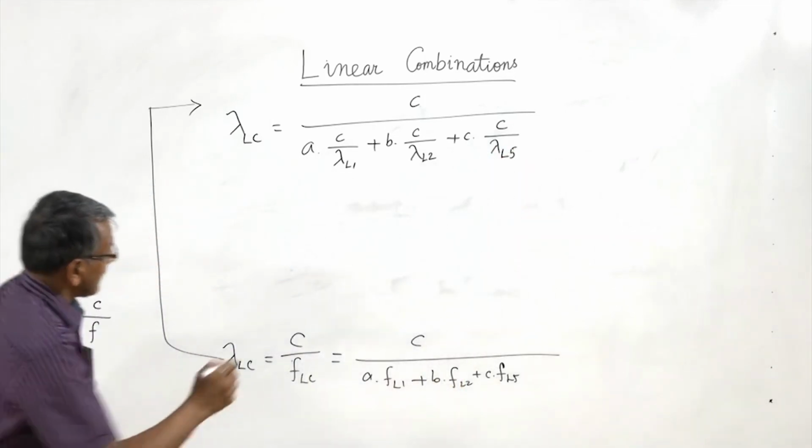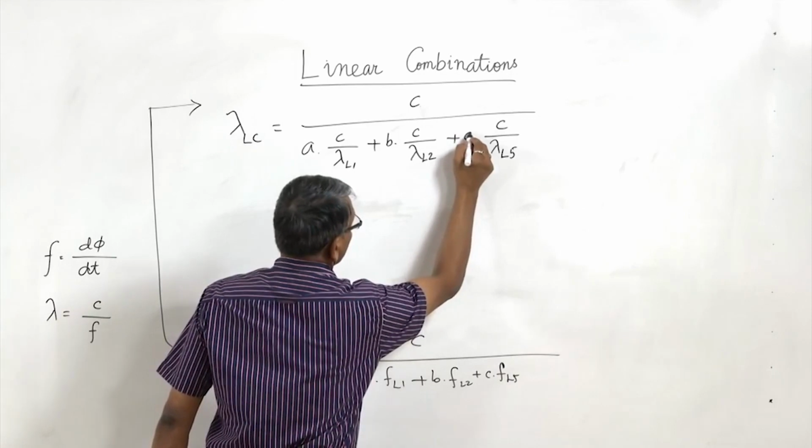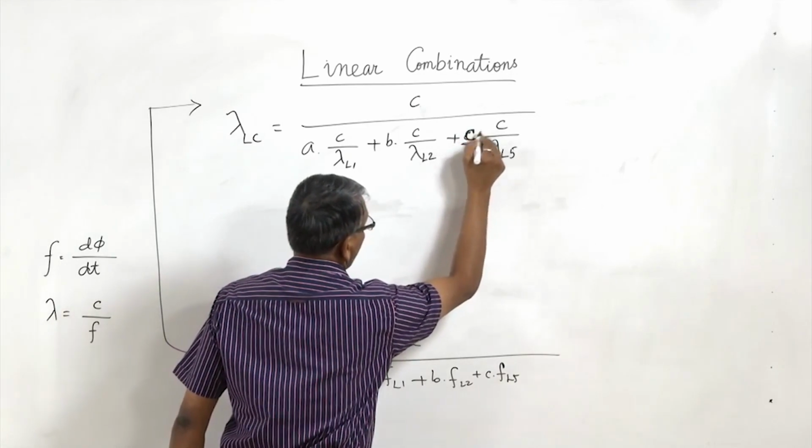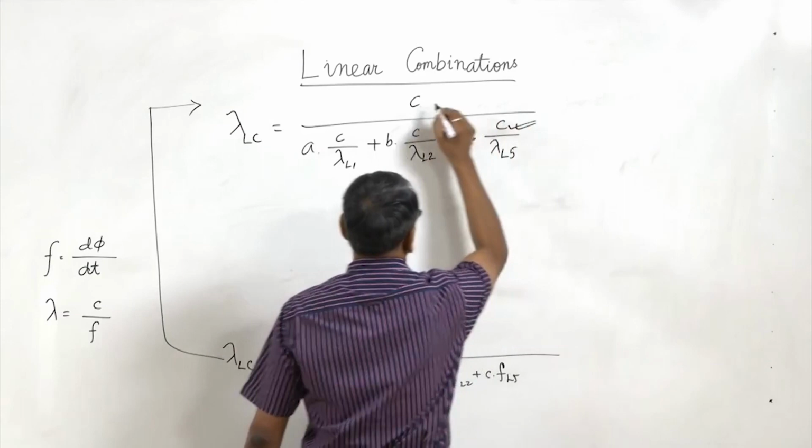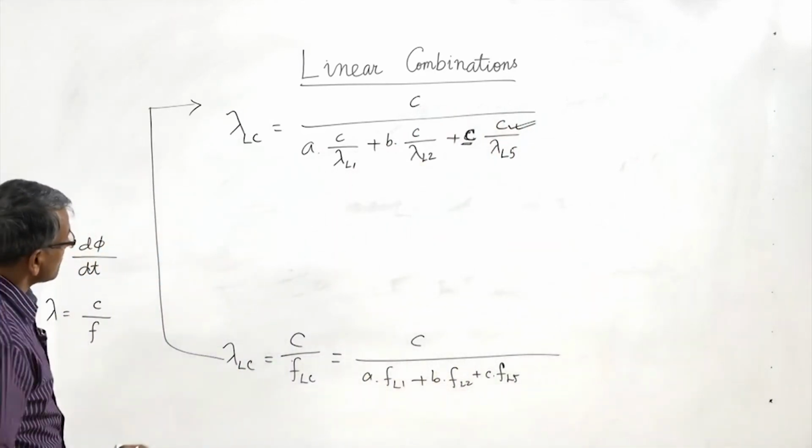Now you know this c is the constant, the velocity of light, so that distinction is to be made.